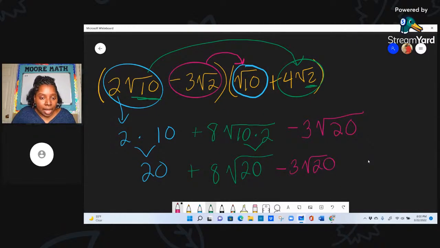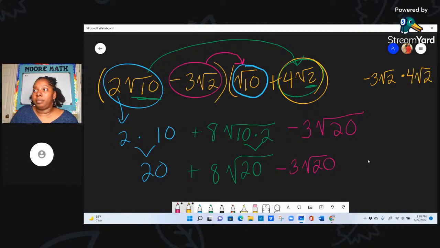And now the last one. Okay. So we have -3. I know there's a lot of colors. -3 square root of 2 times 4 square root of 2. What can I combine? The square roots of 2. That becomes 2. Good. And then what? You can do the -3 and then the 4.